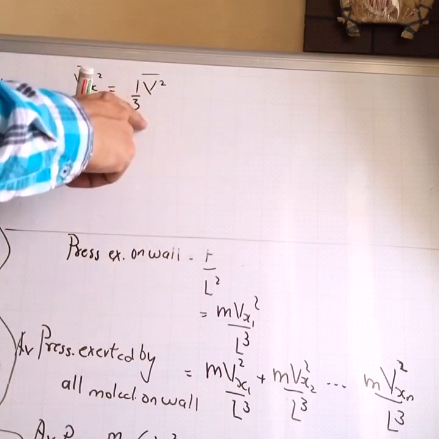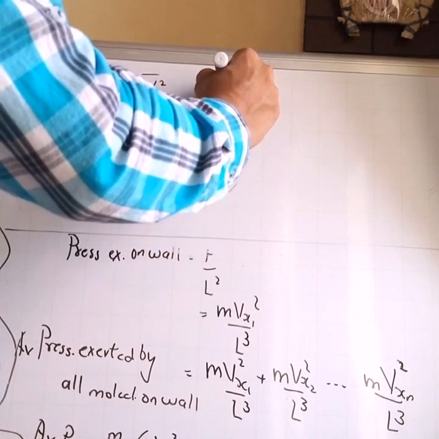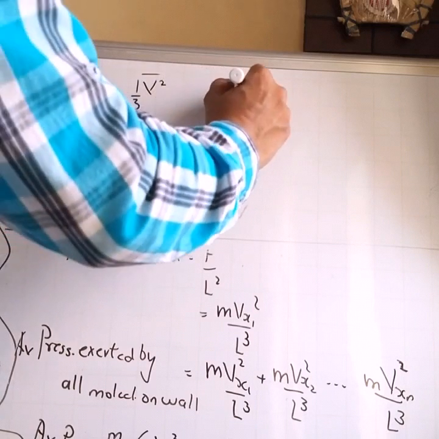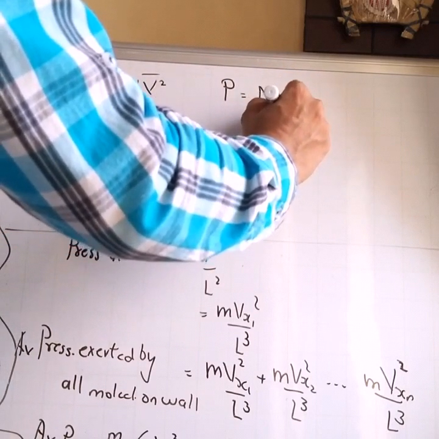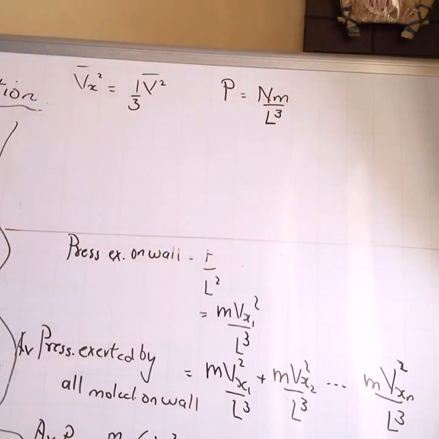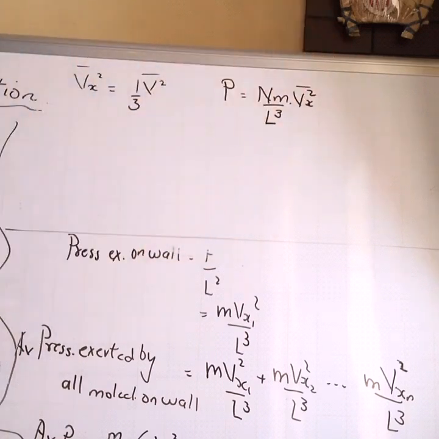Okay, and I substitute this value in our equation. P equal to n m upon L cube into Vx square bar.